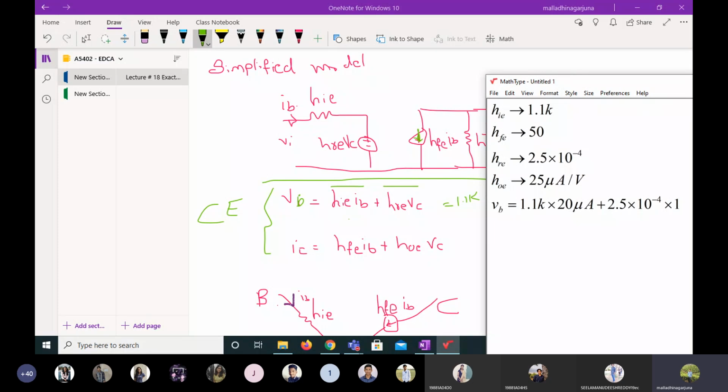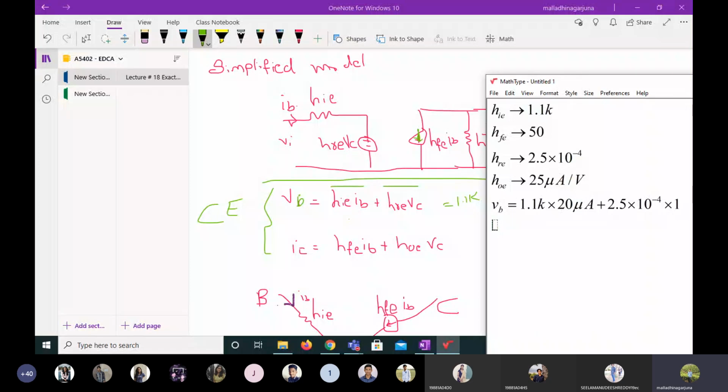If you give millivolts as the input signal, you can expect up to 1 or 2 volts maximum for a single stage amplifier. I'm taking some random but considerable values: HIE 1.1 kilo ohm, IB 20 microamperes, HRE 2.5 into 10 power minus 4, and VC 1 volt.